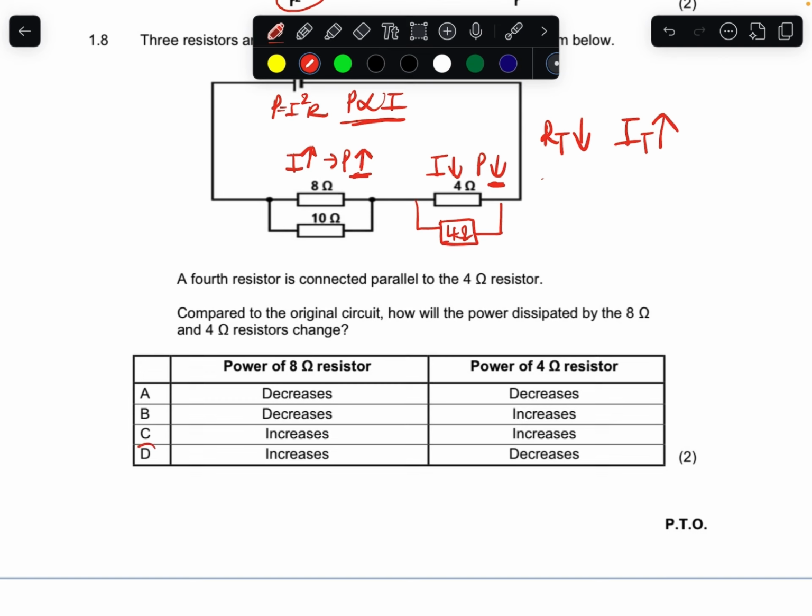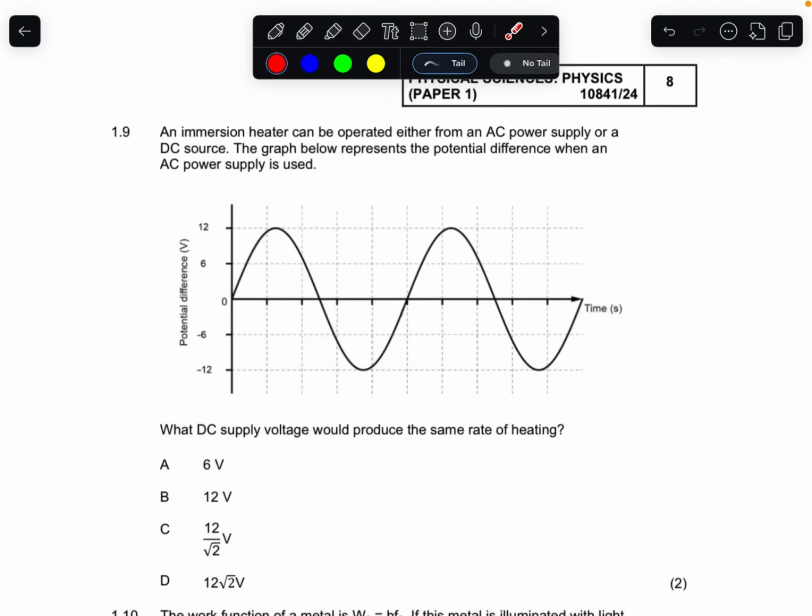It's D, right? 1.9. It says an immersion heater can be operated either on an AC power supply or a DC source. The graph below represents the potential difference when an AC power supply is used.